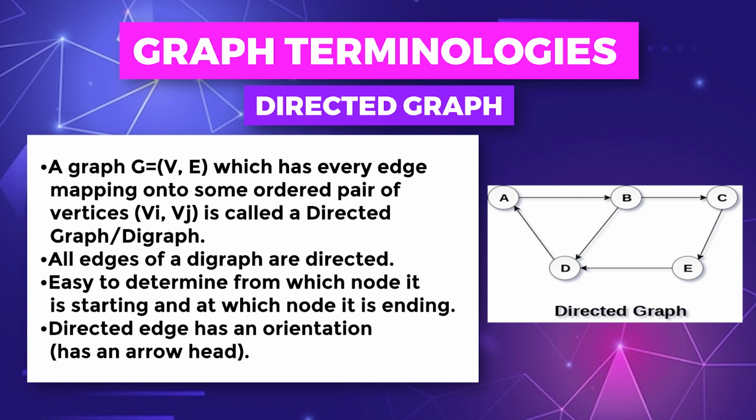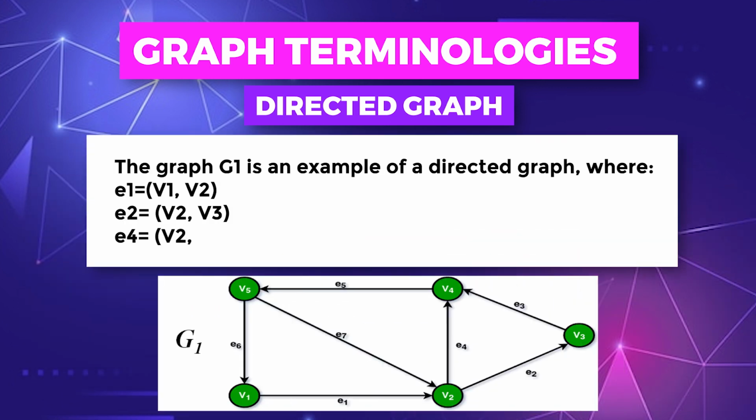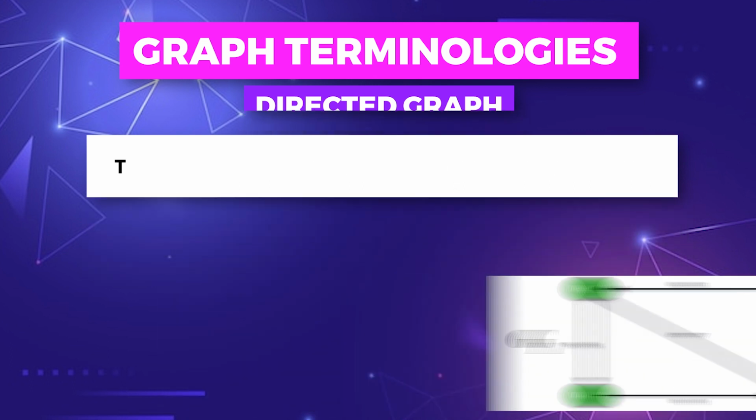A directed edge has an orientation, that is, has an arrowhead. For example, in the graph, there is an edge E1 from V1 to V2. Edge E2 starts from V2 and ends at V3. The starting node of edge E4 is V2 and the ending node is V4.